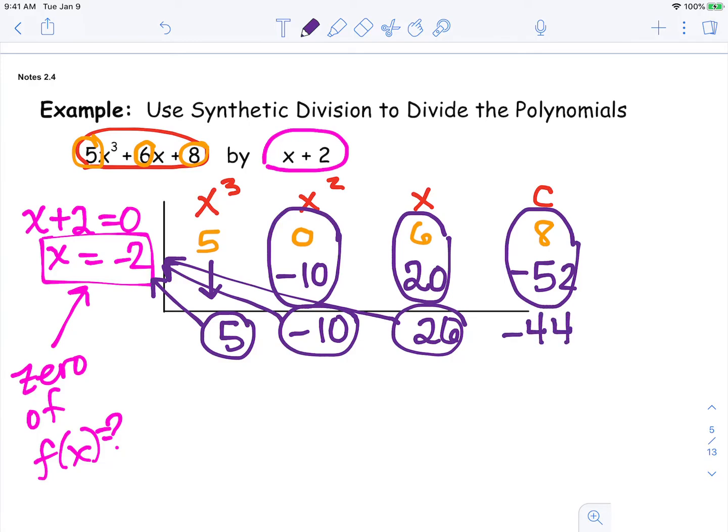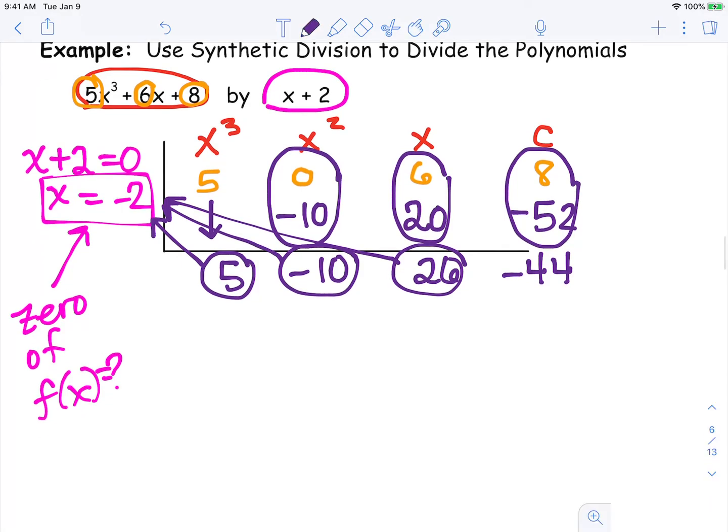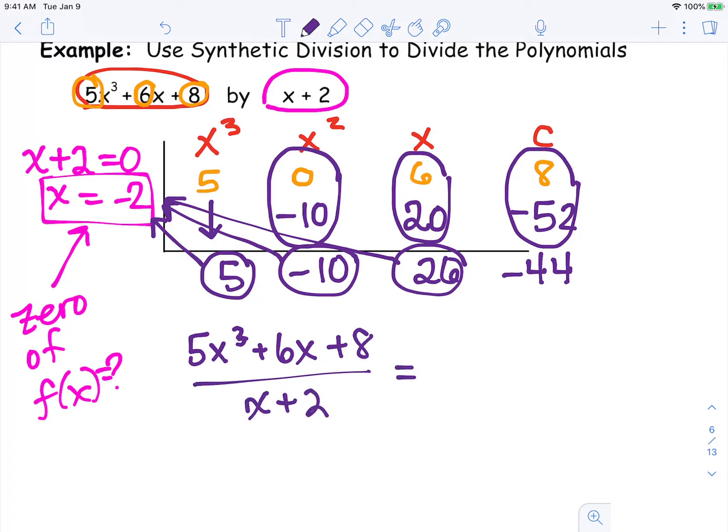All right, so what we did is we divided 5x cubed plus 6x plus 8 by x plus 2. What we are left with is a new polynomial with a remainder.